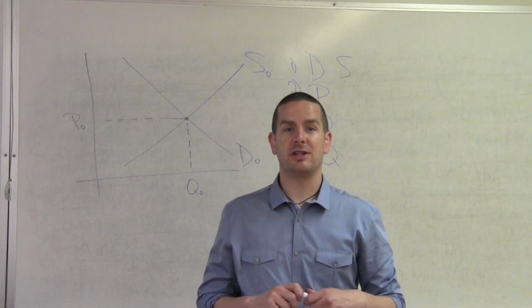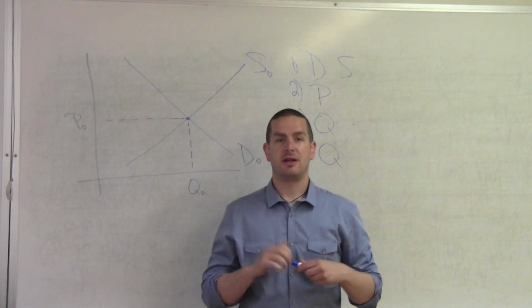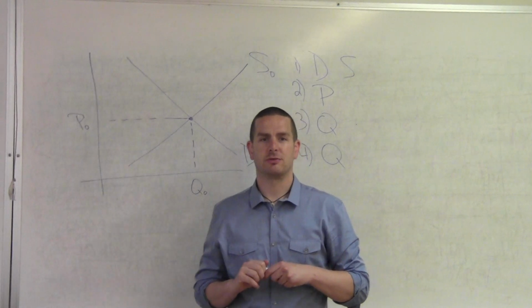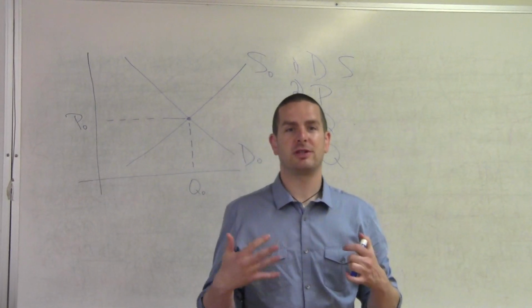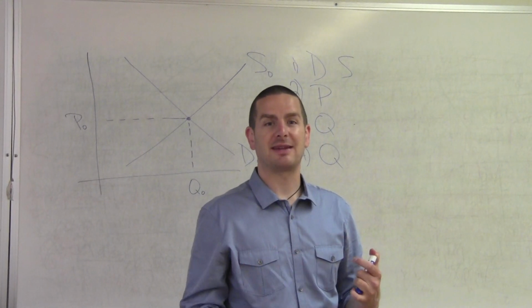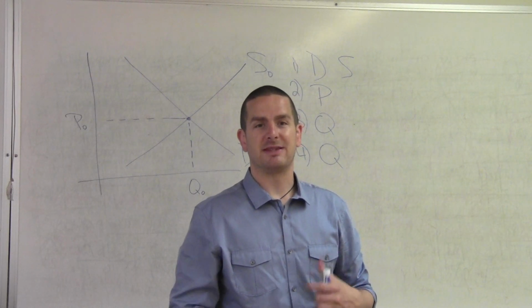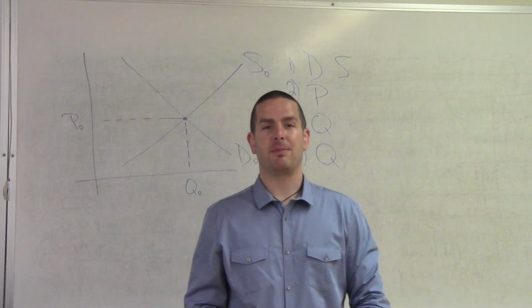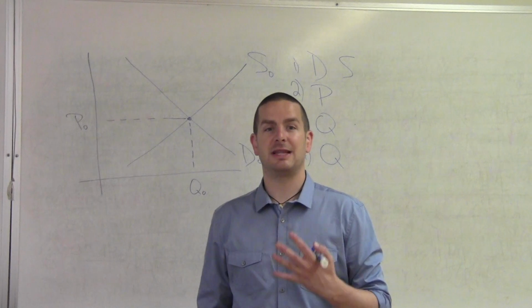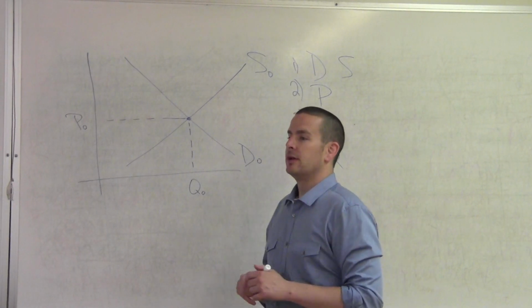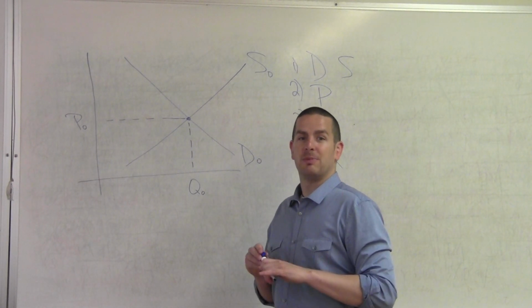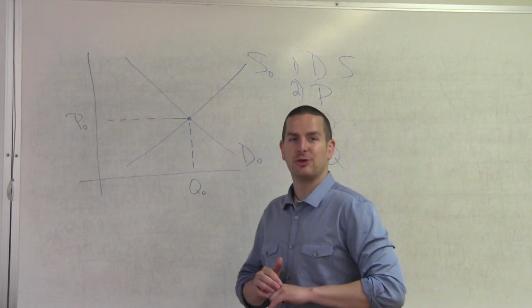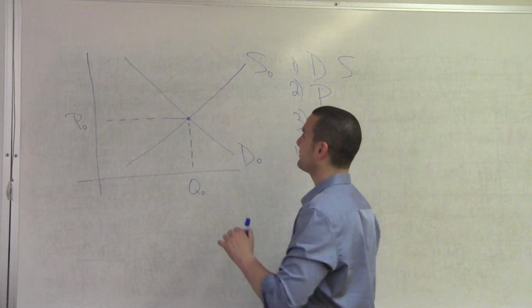So you're probably going to not produce as much, right? If you had to pay more to the government in taxes and you're a business, you're probably going to end up producing less. So when a business produces less, that decreases supply.